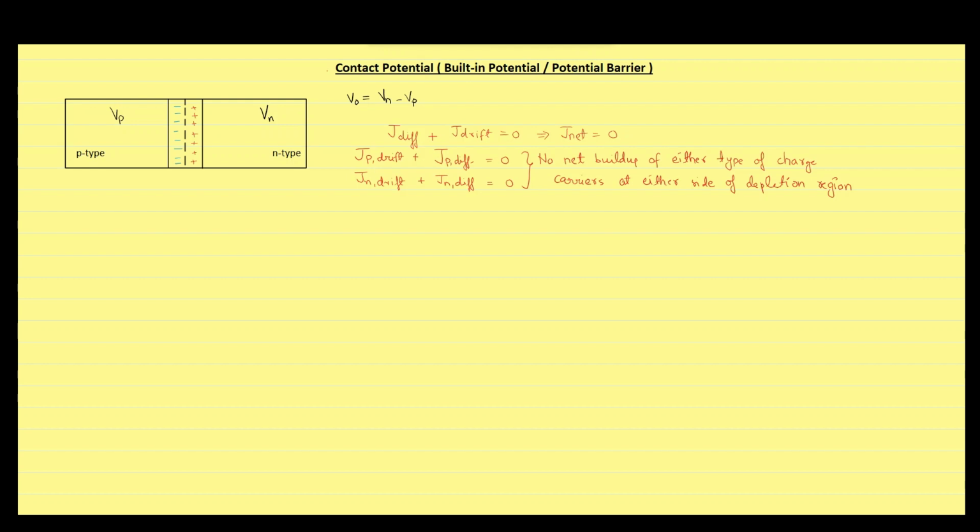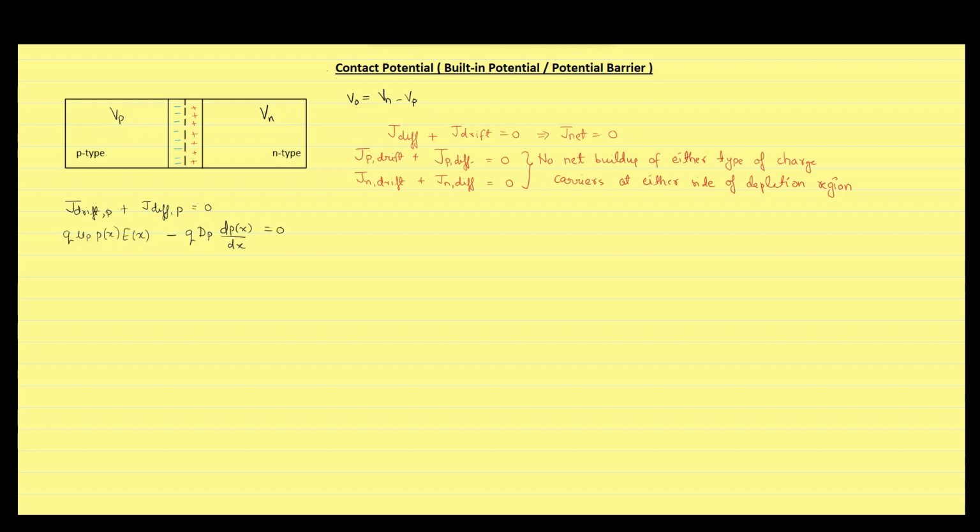But I will use the second equation, which is the drift current density due to holes plus diffusion current density due to holes is 0. Drift current density is given by. Similarly, diffusion current density due to holes is given by.